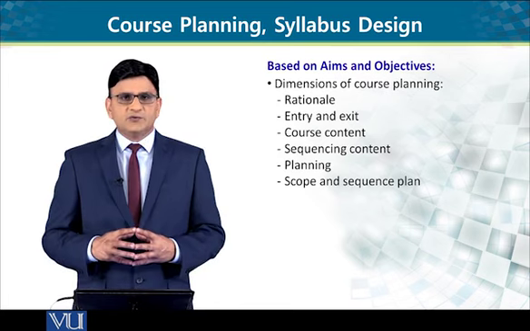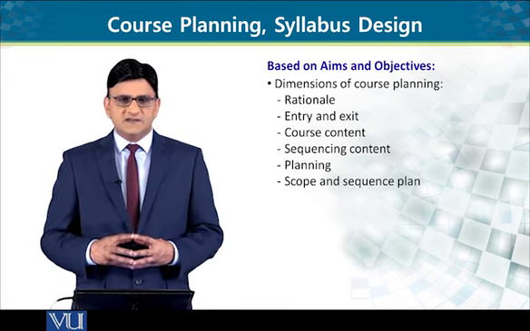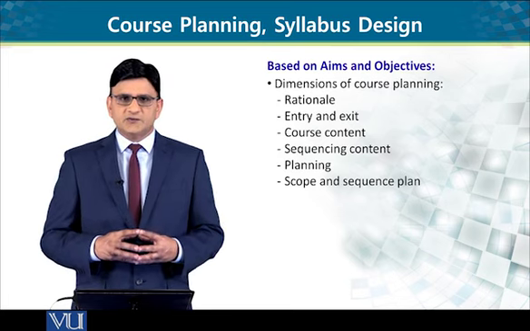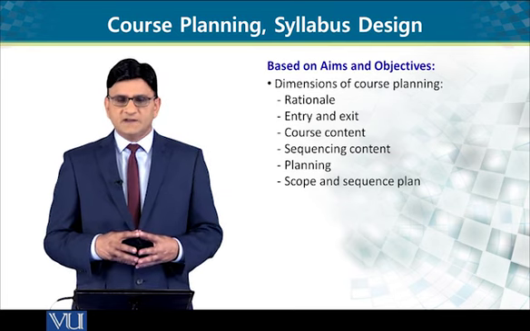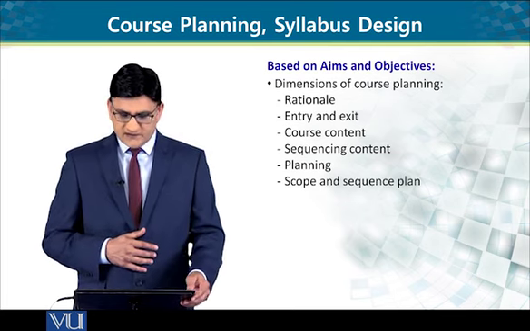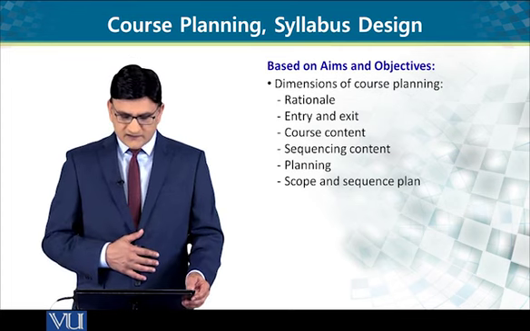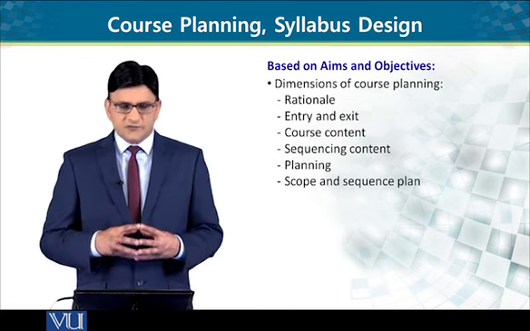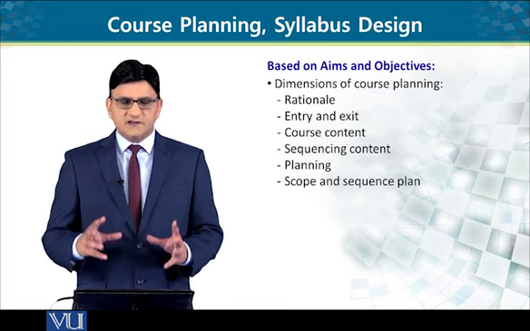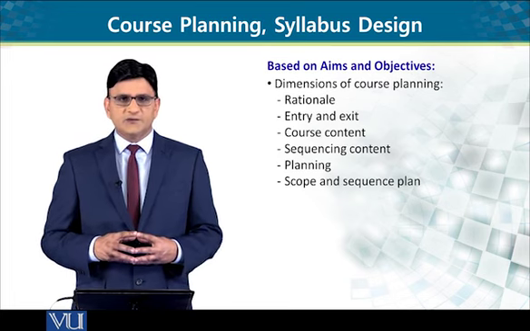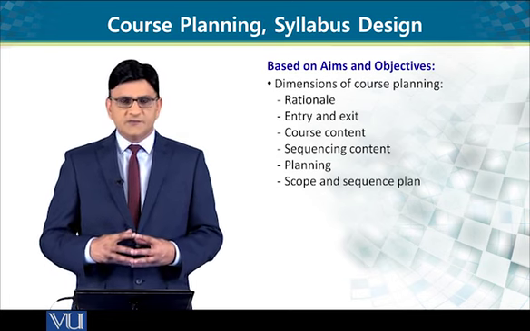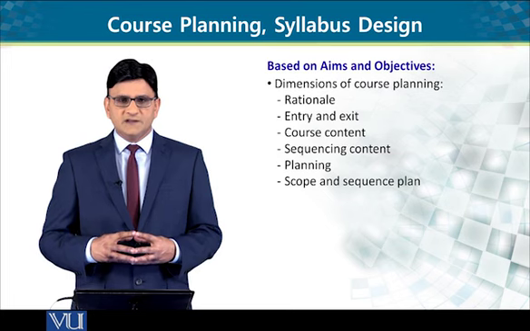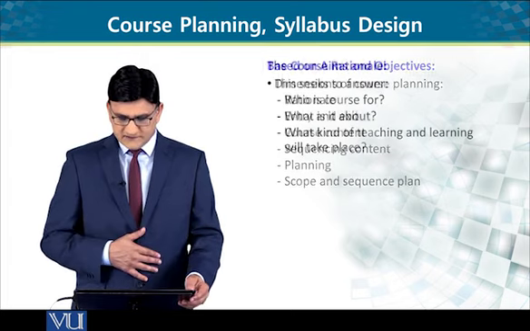And the course content: key decisions need to be made about what to include and what not to include, and how to set up the sequence of content of a course. Then the planning phase and the scope and sequencing plan. These are some of the dimensions of course planning or syllabus design which we as language curriculum designers need to be aware of, and their significance.